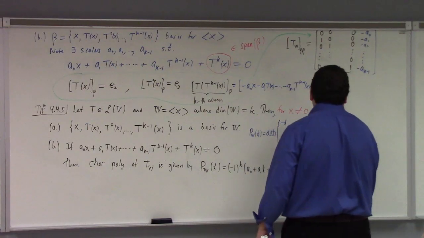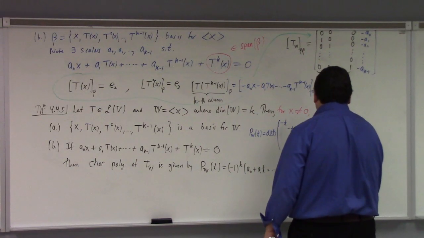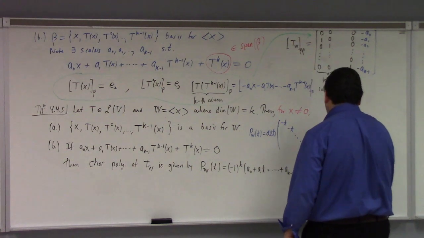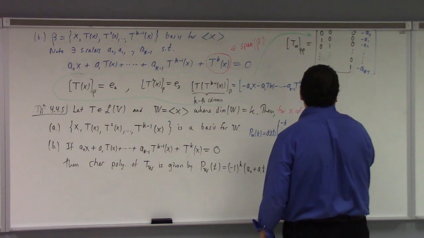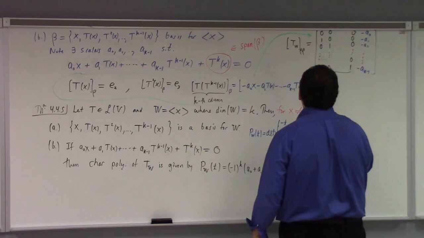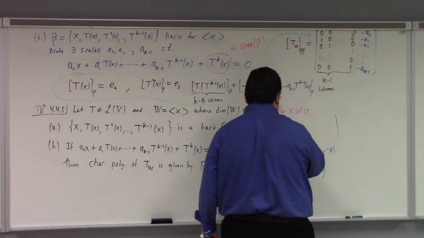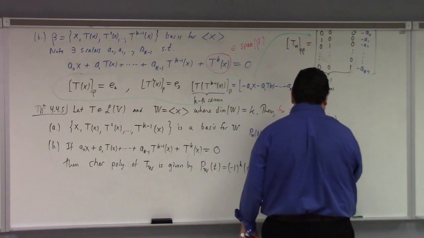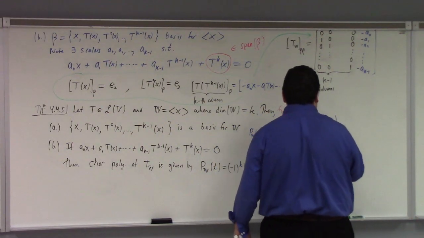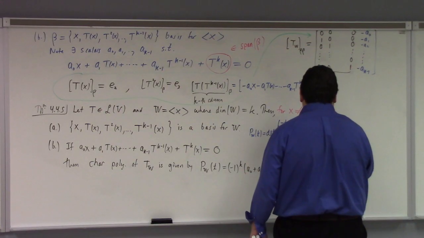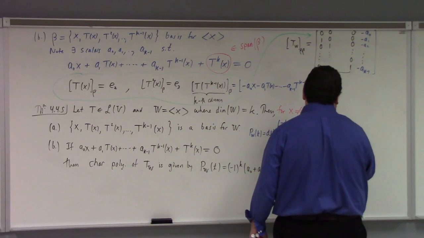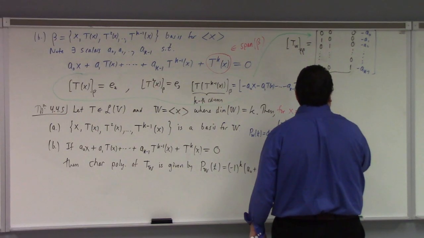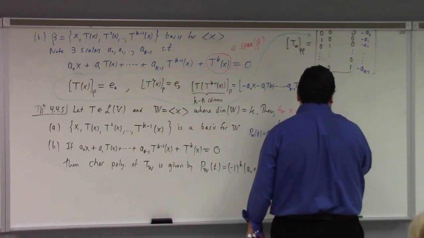Down here, minus a_(k-1) minus t, I think. And then mostly zeros otherwise, but we've got ones on the subdiagonal, I suppose. And then minus a_k. Dot, dot, dot. Finally up here, minus a0, minus a1.